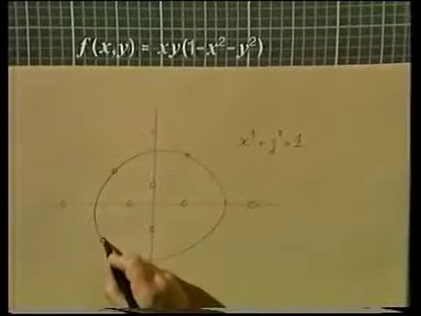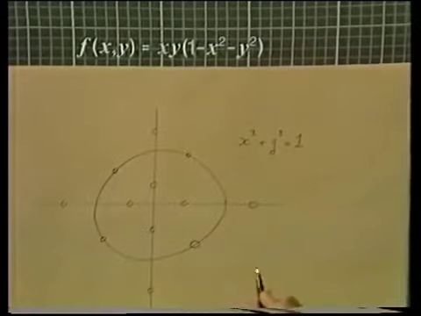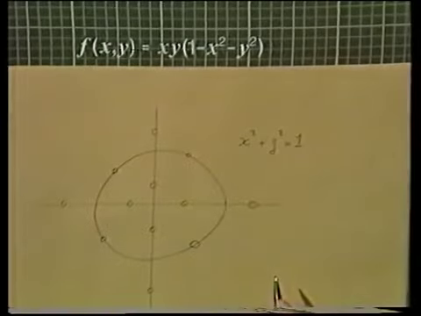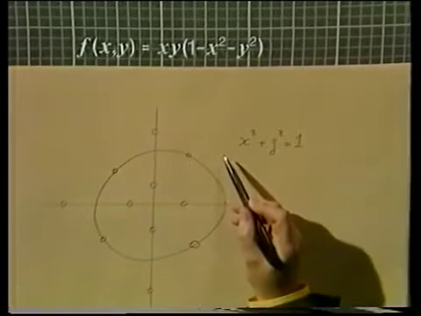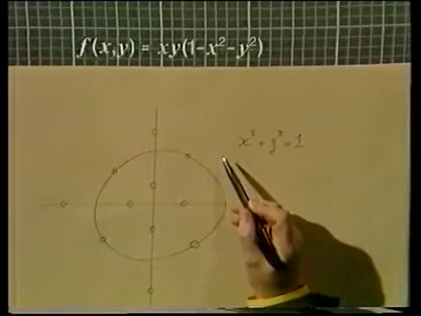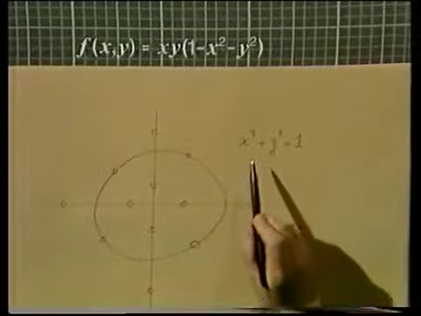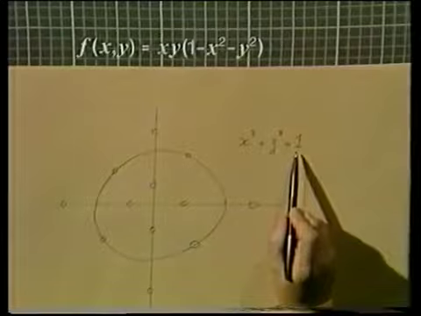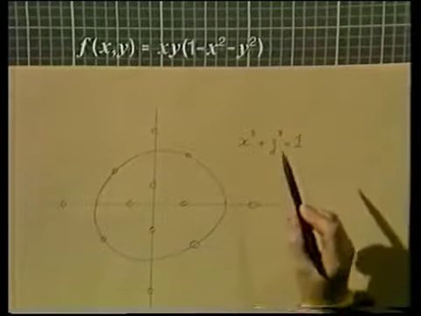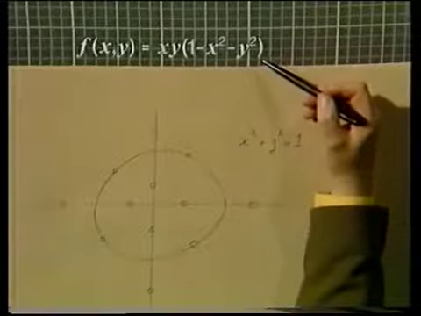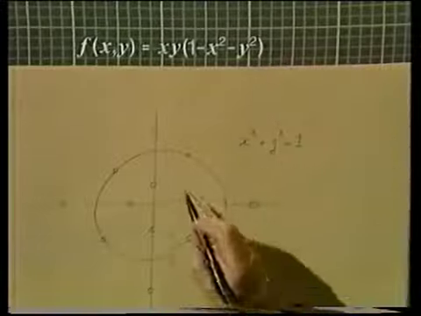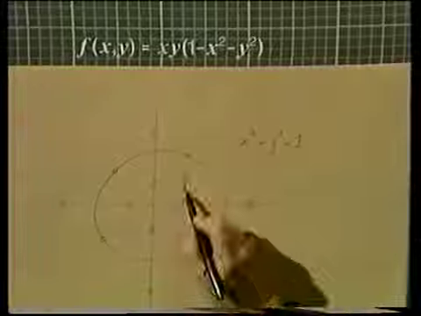Now, what about the other regions in the plane where our function is non-zero? Well, let's look in the first quadrant. There, x, y are both positive. Now, in the first quarter circle, x squared plus y squared is less than 1, so our second bracket, 1 minus x squared minus y squared, is positive, and so our function f is positive.